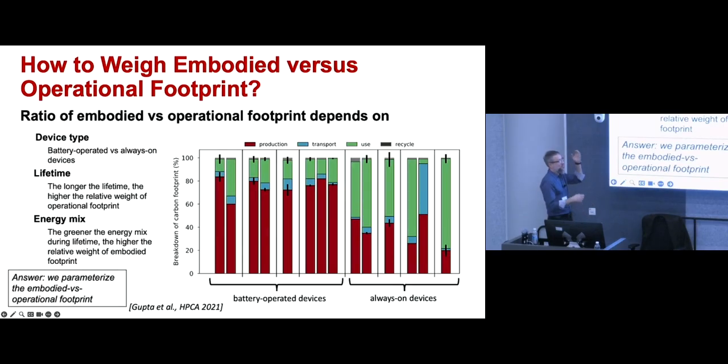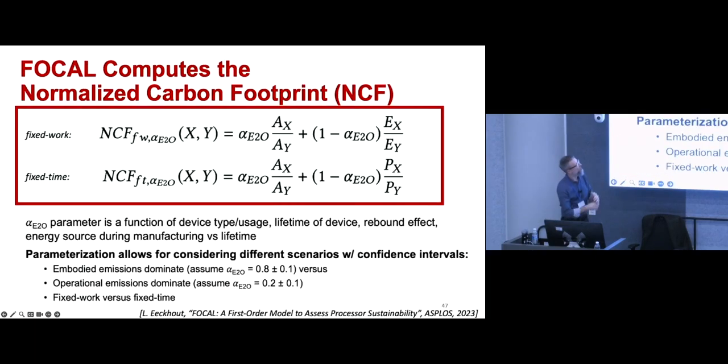Because these things are a moving target, things are changing as we speak, let's parameterize and see where we get. So this FOCAL model, a very simple model, computes what I call the normalized carbon footprint, NCF.